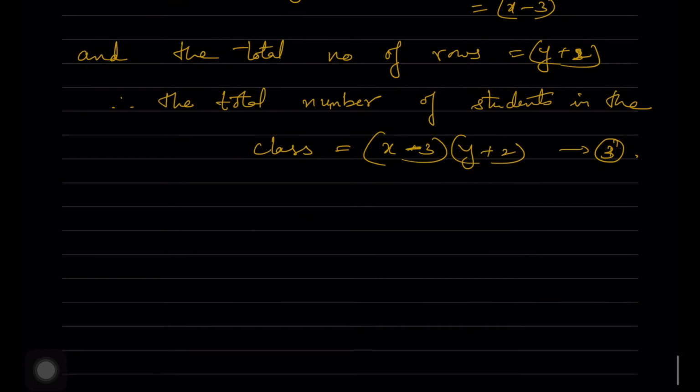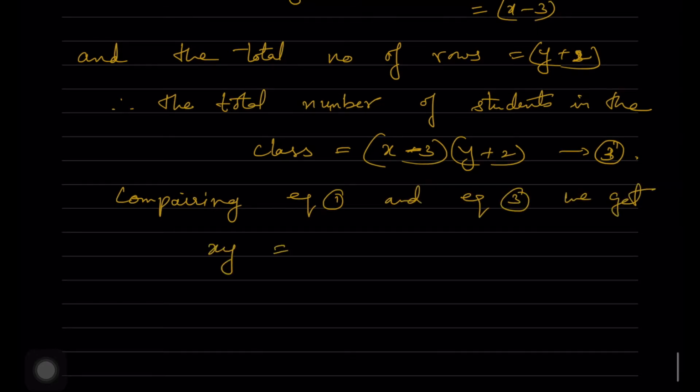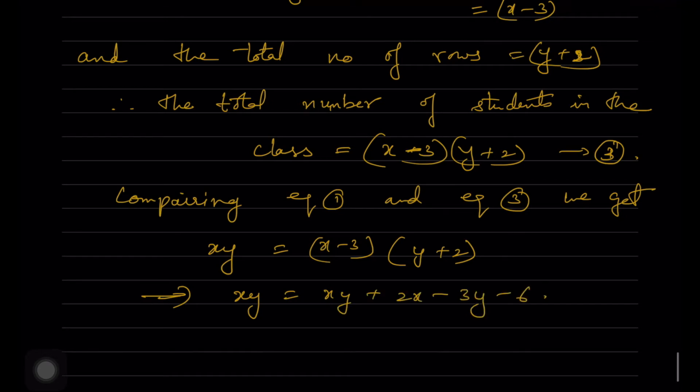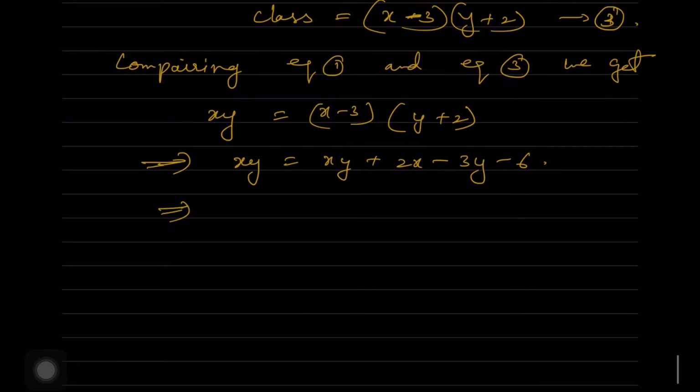We get it as xy is equal to x minus 3 into y plus 2. So solving this equation, we get it as minus 2x plus 3y is equal to minus 6.